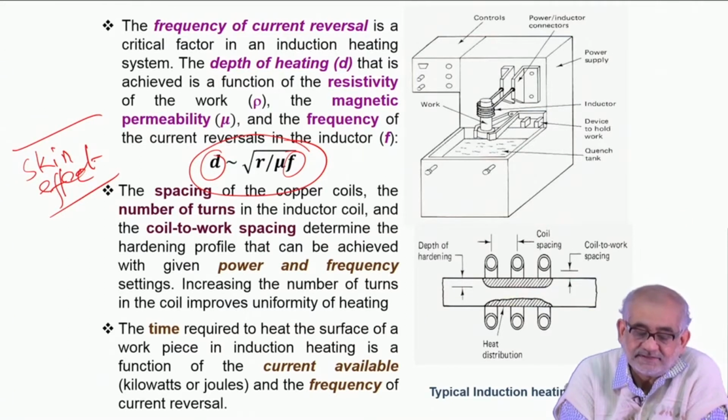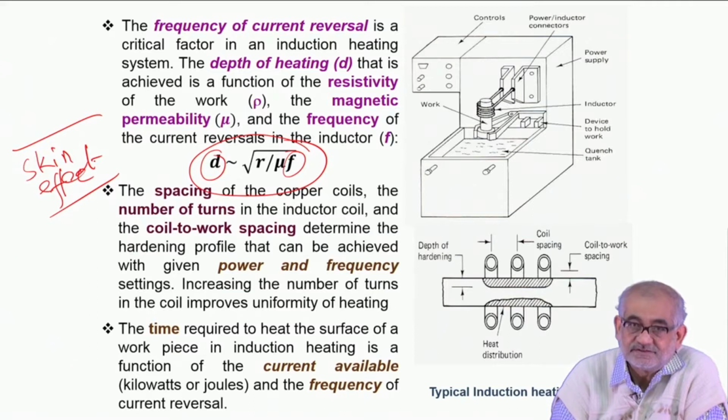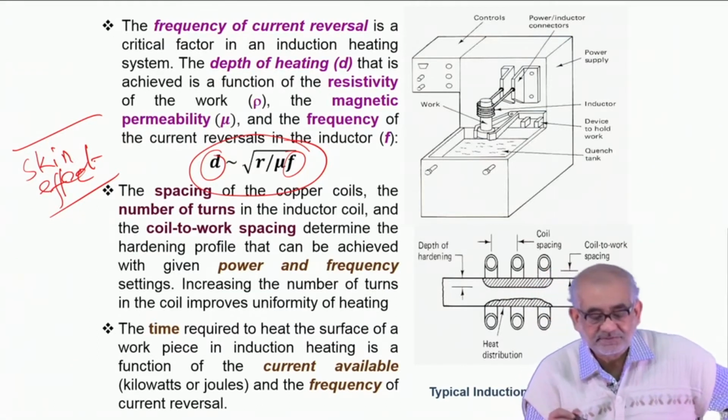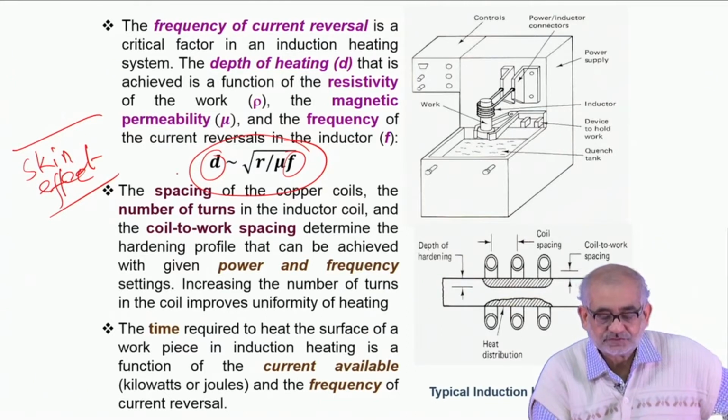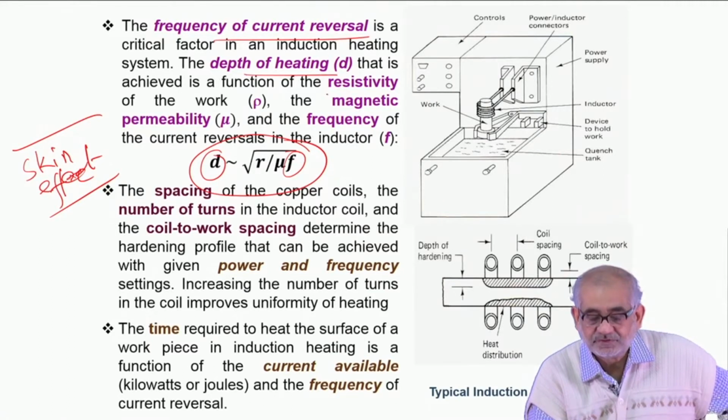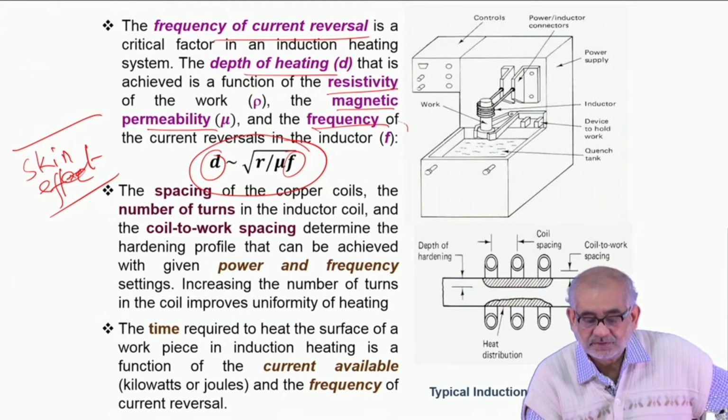So you can harden or heat the surface to above the eutectoid and the austenitizing temperature by controlling the frequency. The frequency of current reversal is an important factor, and the depth will depend upon the resistivity of the material, the magnetic permeability, and, as I said, the frequency.